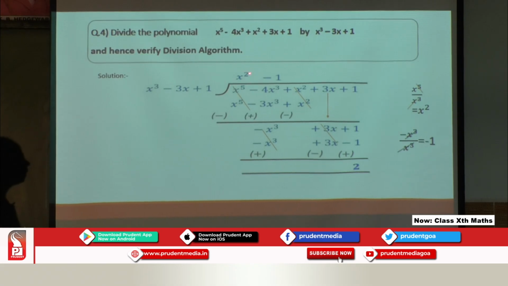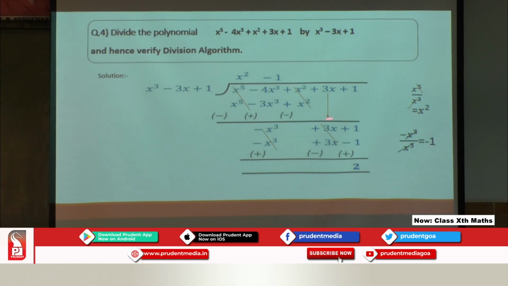Now next step, this first term of the quotient, x square, we should multiply by the entire divisor. So x square into x cube is x raised to 5, minus into plus is minus, 3x into x square is 3x cube, plus into plus is plus 1 into x square, that is x square.